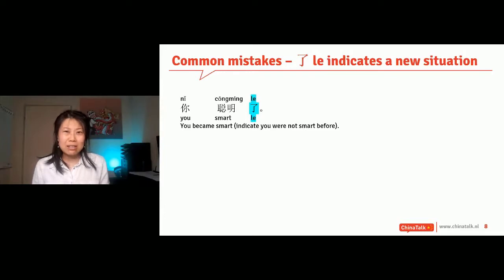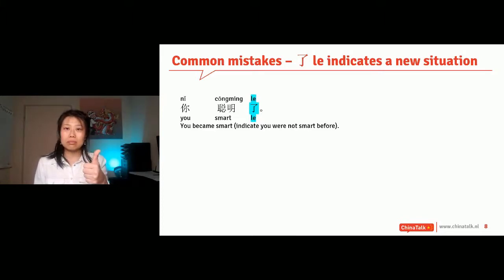If in this case the teacher said, 你聪明了, it would be very wrong because the teacher wants to indicate the students are smart. Always smart. Before they were smart. Today they are smart. In the future they are smart. The teacher doesn't want to indicate the new situation. The teacher doesn't want to imply that the students were stupid and are now smart. So in this case, you don't use 了. You just say 你很聪明.